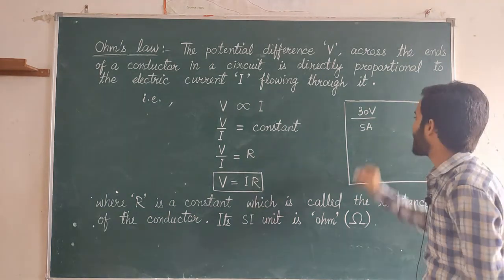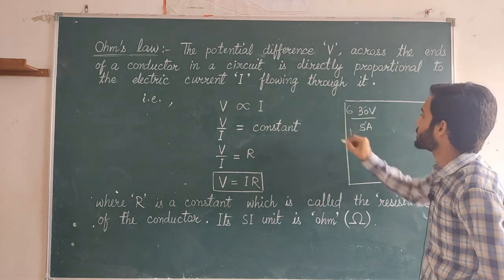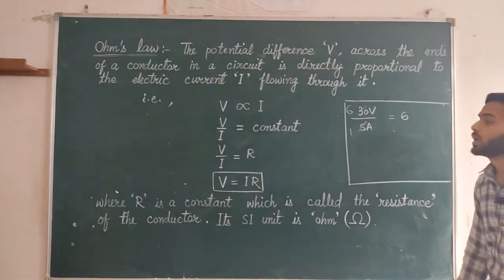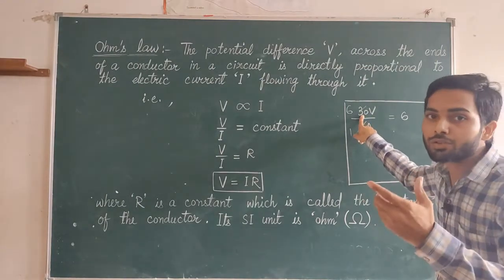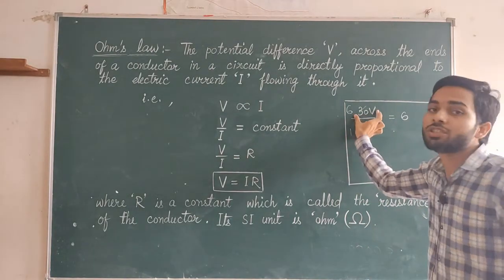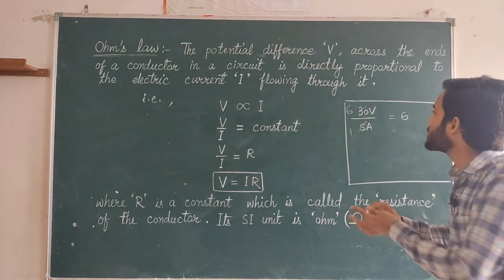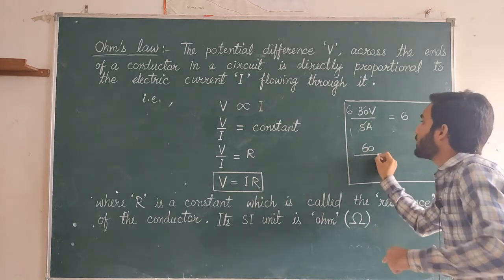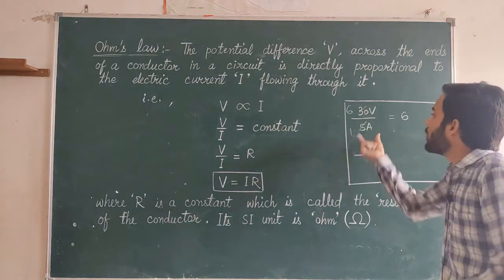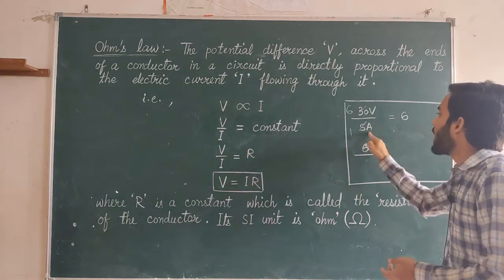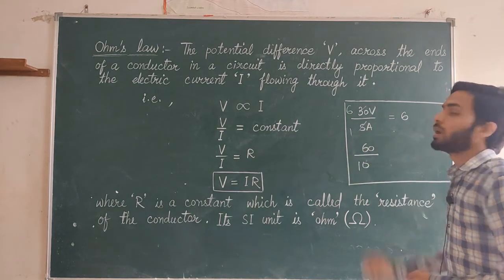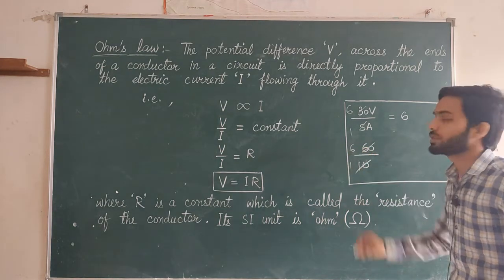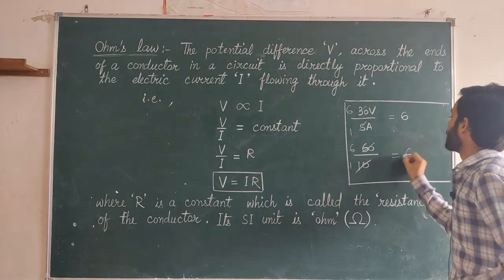That will be 30 divided by 5, which is 6. Now, if I increase the potential difference from 30 volt to 60 volt, then by Ohm's law the current will also increase from 5 ampere to 10 ampere. And in this case, 60 divided by 10 gives the same ratio, 6.